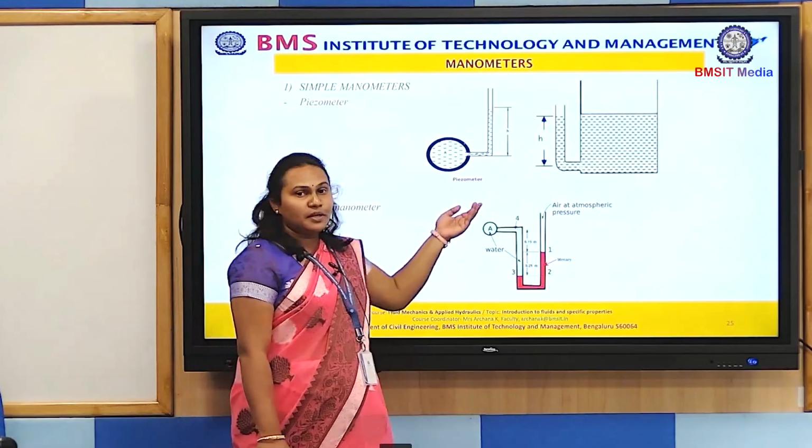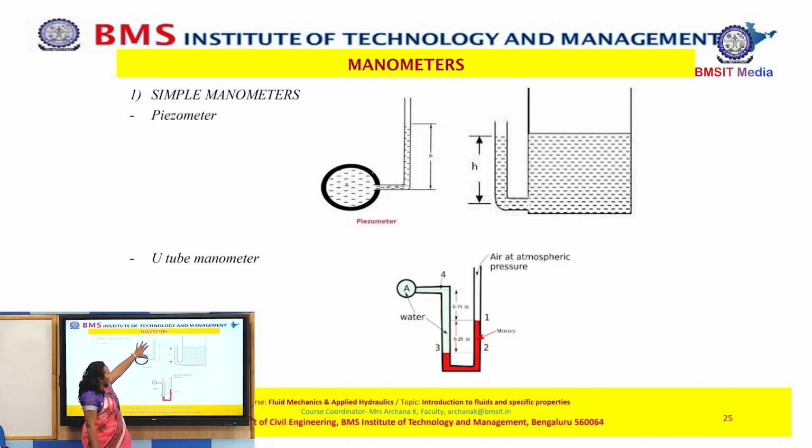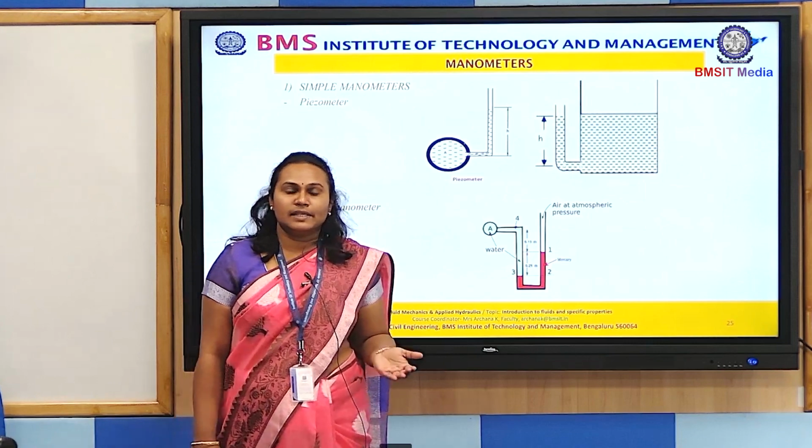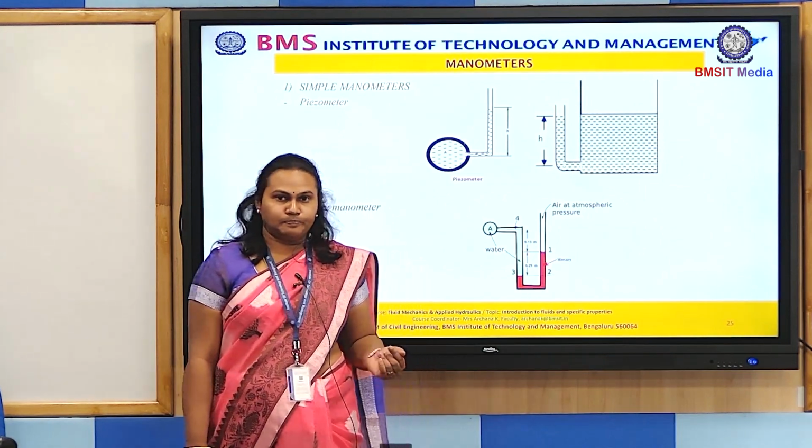Now how do we measure pressure here? We will measure the height of the rising fluid, and we know that by hydrostatic law P is equal to rho g h, and this is this height. By measuring this height I can find out the pressure by the equation P is equal to rho g h.